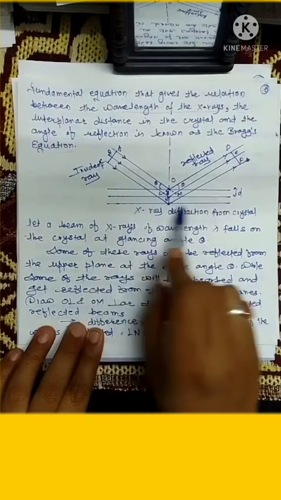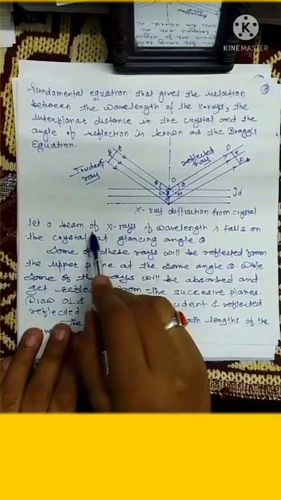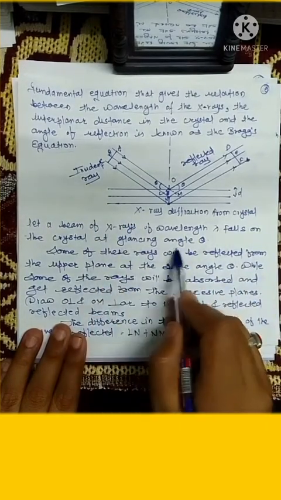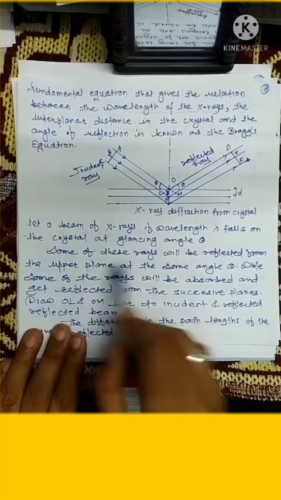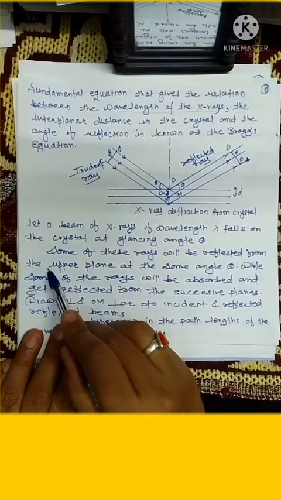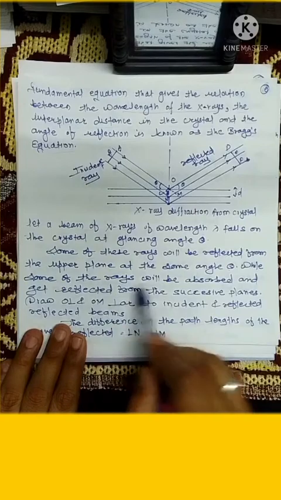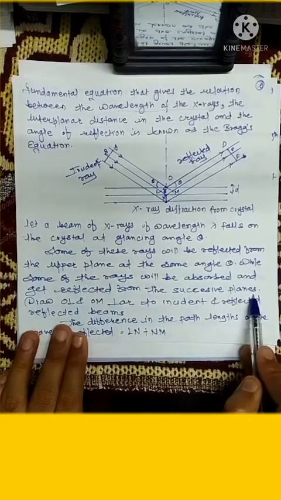and this is the surface of the crystal lattice. So, let a beam of X-ray of wavelength lambda fall on the crystal at glancing angle theta. Some of this ray will be reflected from the upper plane at the angle of theta, while some of this ray will be absorbed and get reflected from the successive plane.